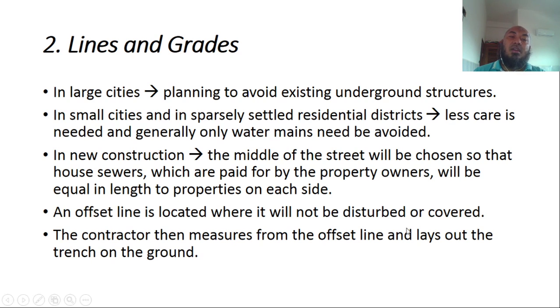I guess that's why a lot of sewers are placed in the middle of the road, just to make sure there is no argument about the house owner paying the fee when they connect to the main sewer. An offset line is located where it will not be disturbed or covered.